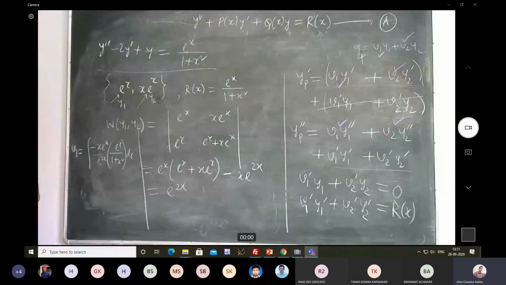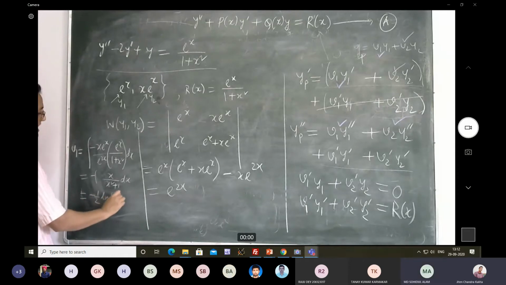Fine. So this is going to give you minus x by (1 plus x squared). So this is minus half ln of (1 plus x squared). Okay. Fine.